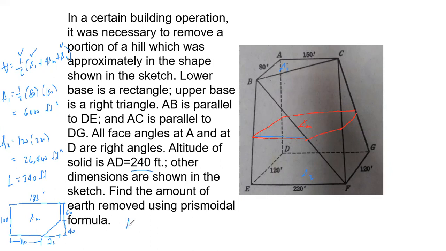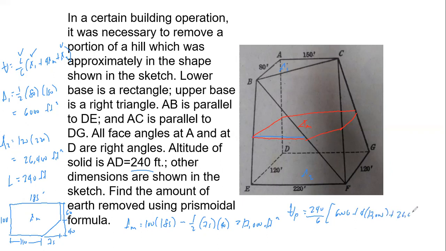So the midsection area is equivalent to the area of the rectangle, 100 times 185, minus the area of the triangle, one half times 75 times 40. This gives us 17,000 square feet. Now apply the formula: 240 over 6 times 6,000 plus 4 times 17,000 plus 26,400.